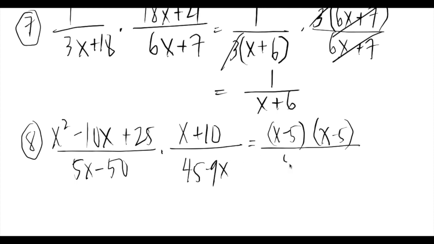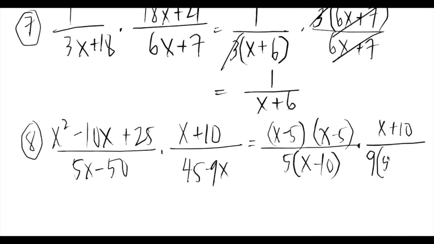Ito nasa baba, common factor is 5, x minus 10 times x plus 10 over, pareho silang divisible by 9, 5 minus x. Kaya pwede i-cancel natin dito, x minus 5 over 5 minus x is just equal to negative 1. So, magkakaroon tayo ng negative 1.